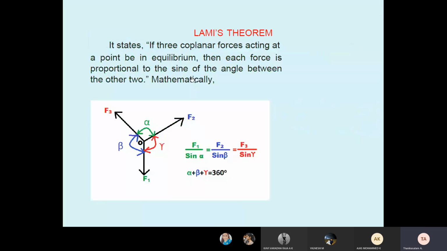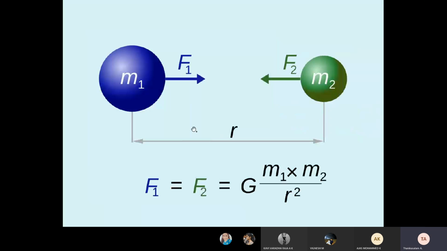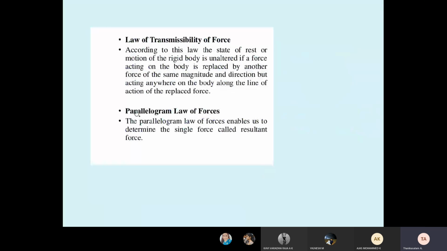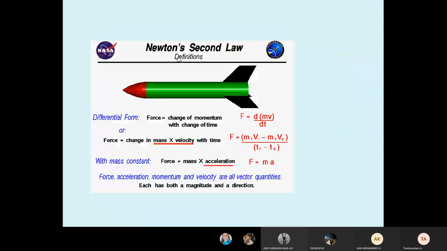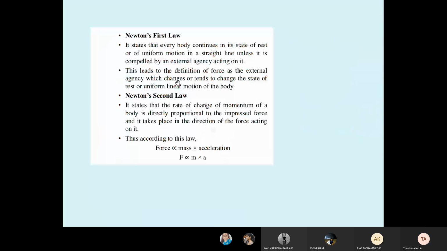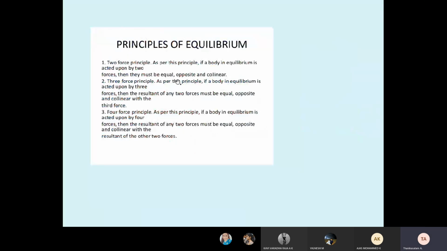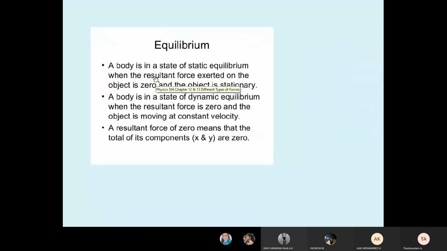Then we discussed Lami's theorem. Then we discussed Newton's law of gravitation. Just remember this formula, this formula is enough. Then the parallelogram law of forces, transmissibility law of forces, Newton's second law, Newton's first law, Newton's third law, laws of mechanics, equilibrium of forces. There is the principle of equilibrium: two force principle, three force principle, four force principle.